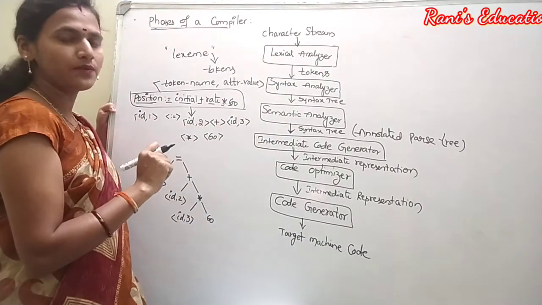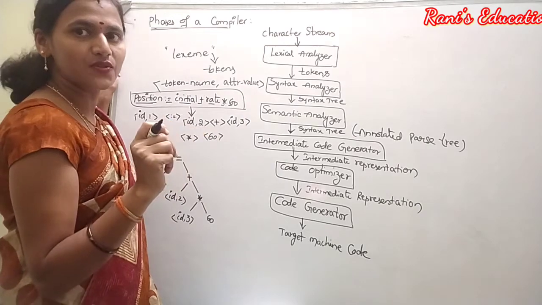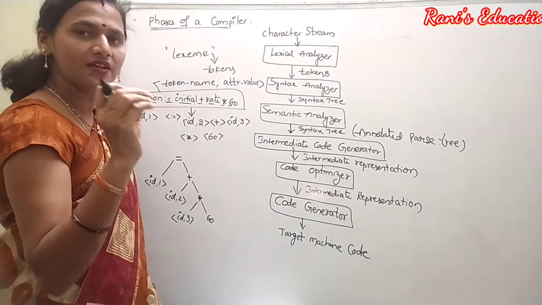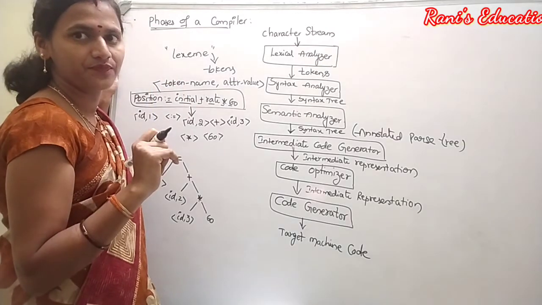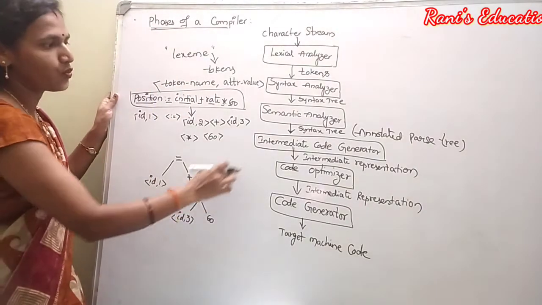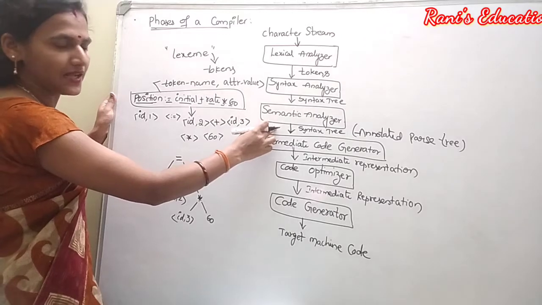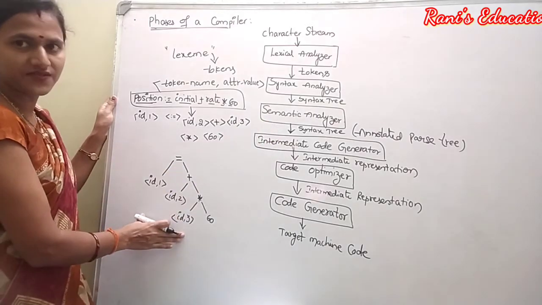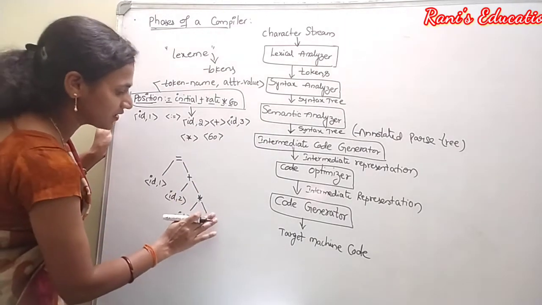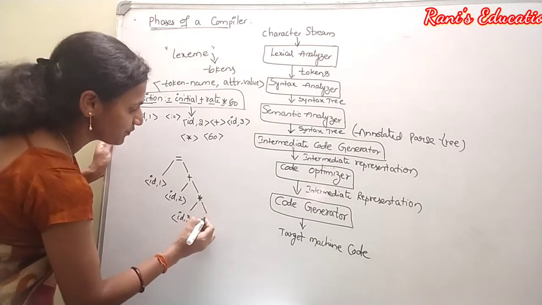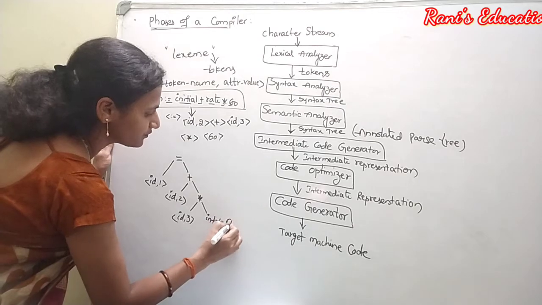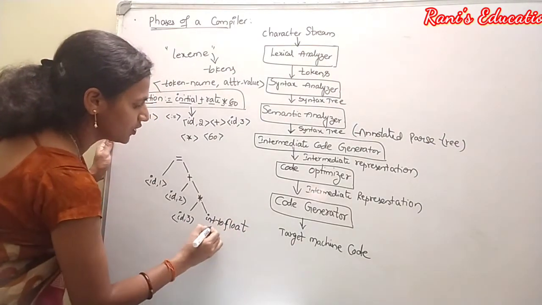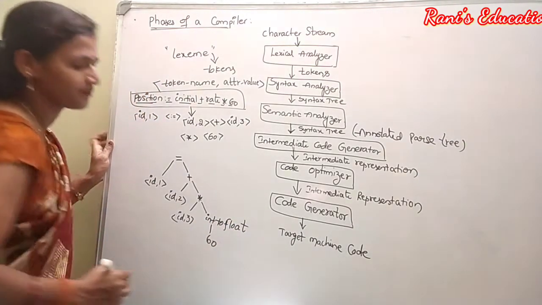In 3 address code, each instruction contains at most one operator on the right-hand side. The output of the semantic analyzer is the same as the syntax tree, with one thing different: we convert 60 into a float.